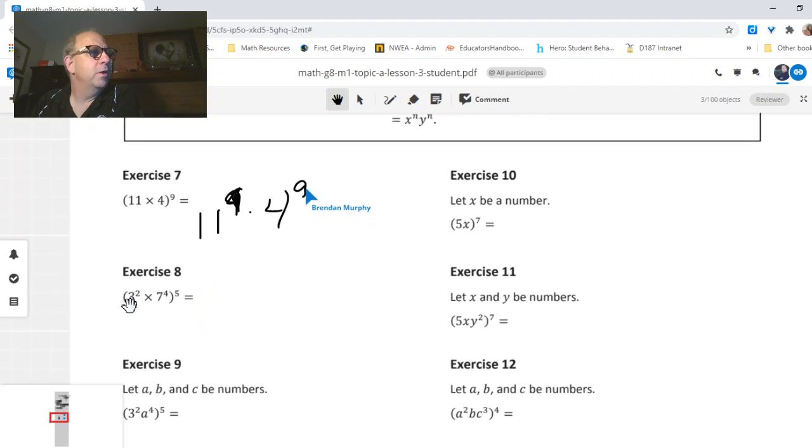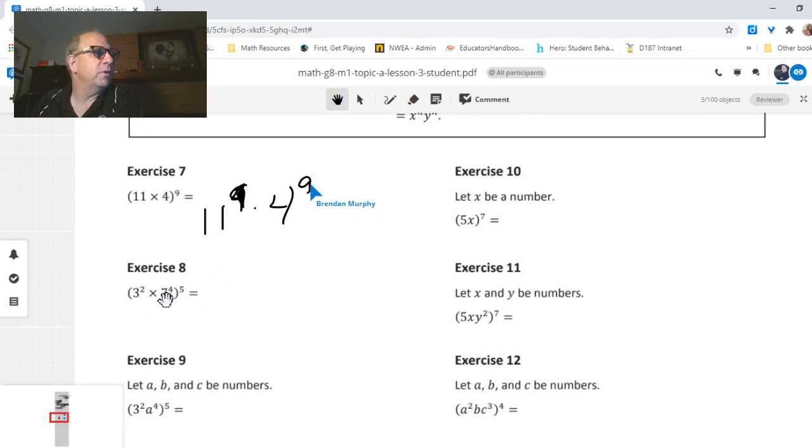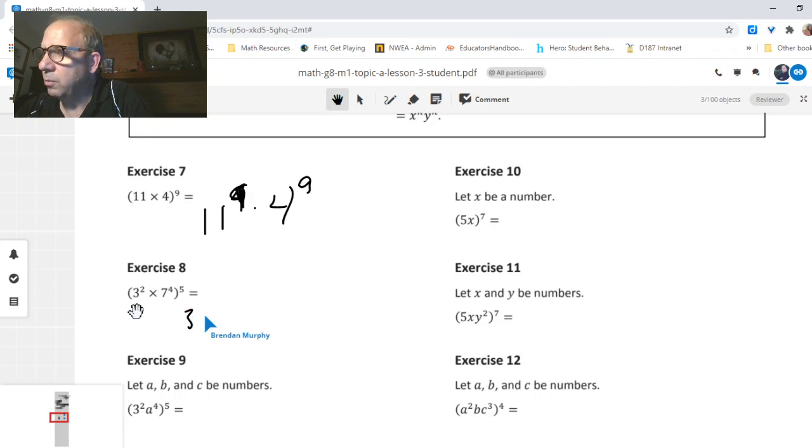Exercise 8. 3 squared times 7 to the 4th, all that raised to the 5th power. So split them up, and each of them is going to be raised to the 5th power. So I've got my 3 squared raised to the 5th power times 7 to the 4th raised to the 5th power. So what's 3 squared raised to the 5th power?